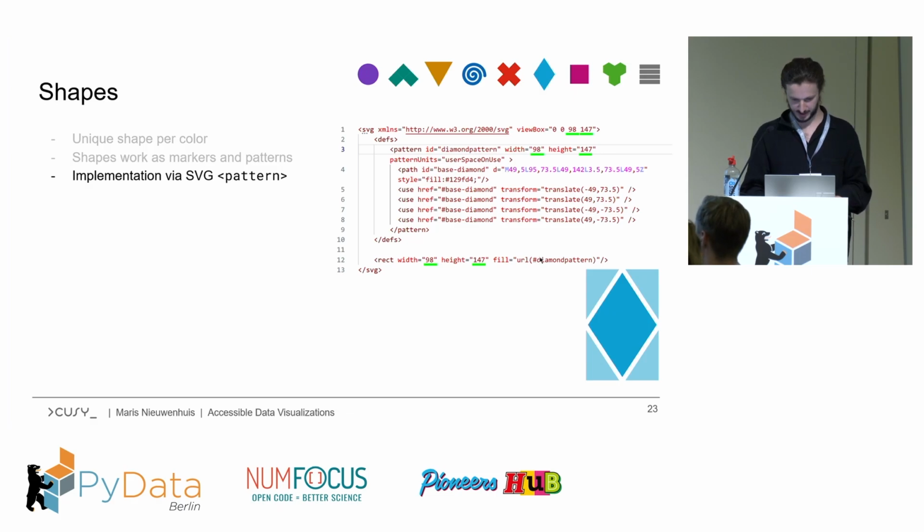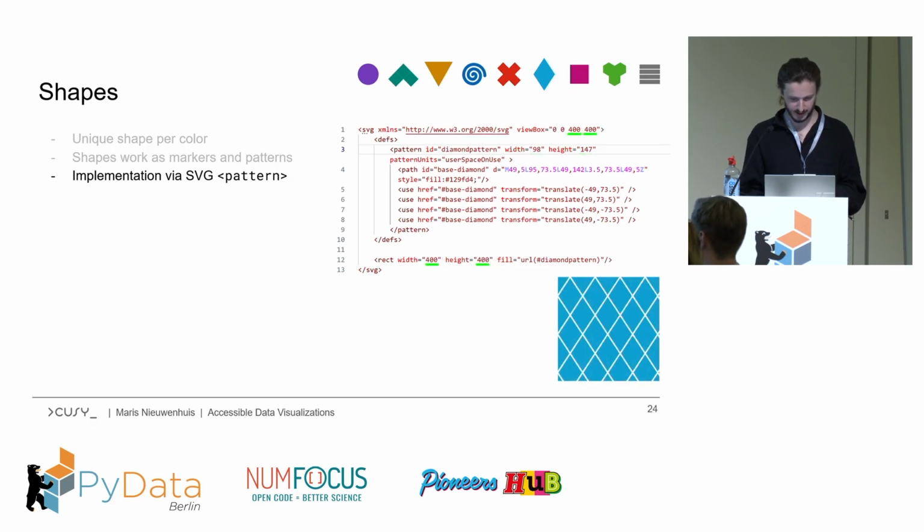If we now extend the view box and the width and height of the rectangle, we get a nice tiling pattern. And if you don't have rectangular patterns, there are some helpful methods. You can rotate and skew the pattern before applying it, but please do your own reading on that.